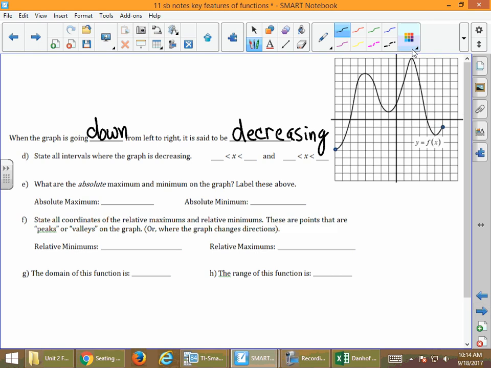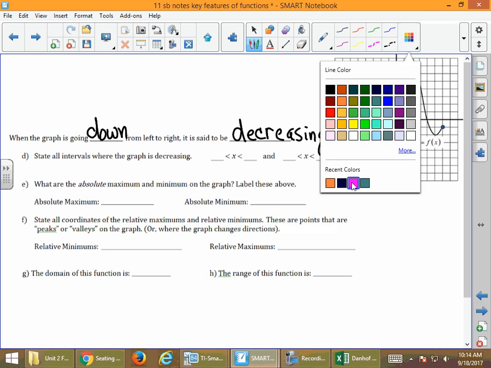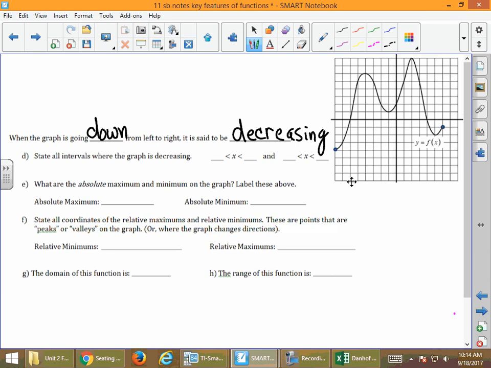So in our first situation, and we saw that earlier, when we started, we went up, up, up. We got up to that high point there on the graph, and then we started going down, down, down. So we went from a high point on the graph to a low point on the graph. In between those 2 purple values is where our graph is decreasing.